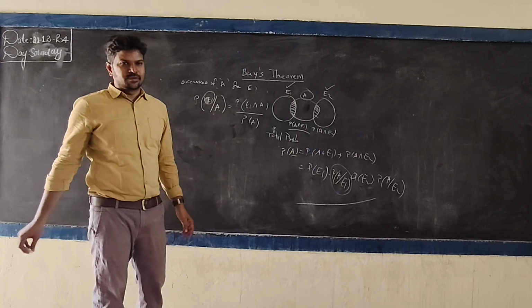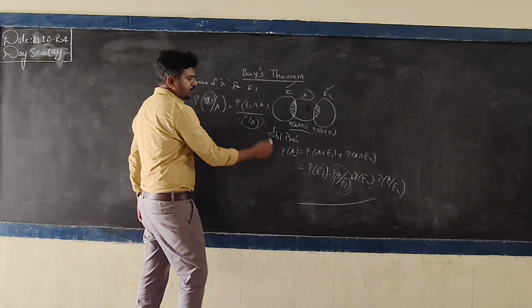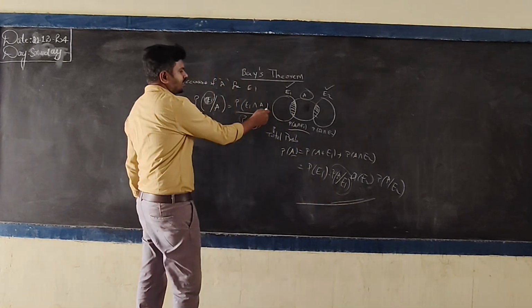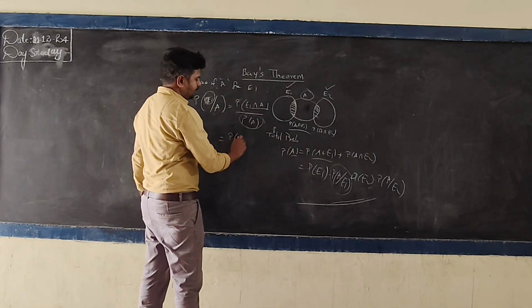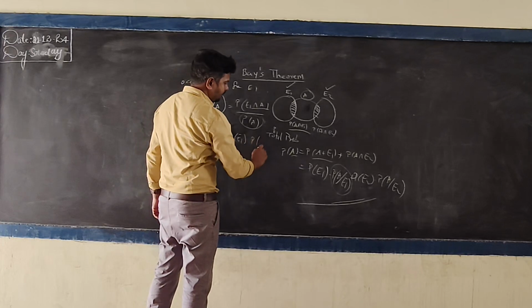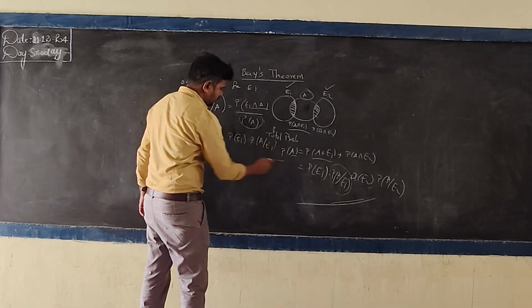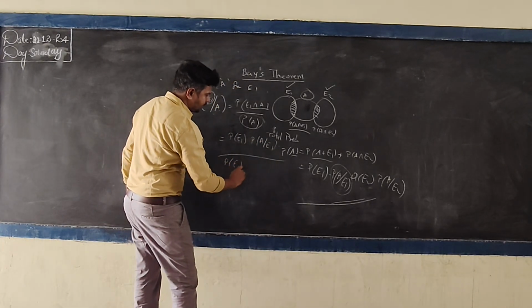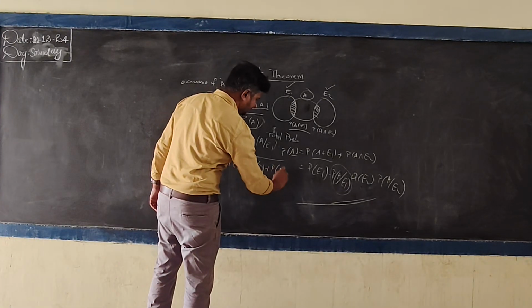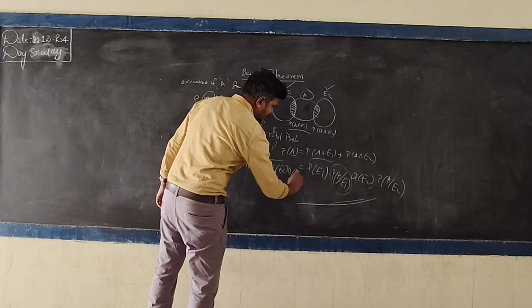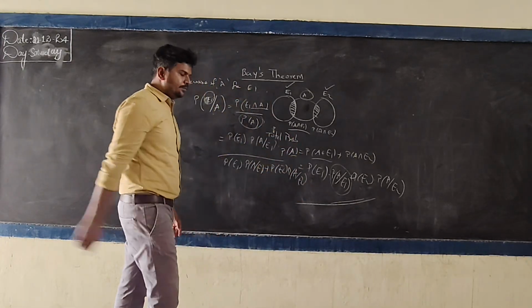So again this is conditional probability. For the total probability you apply this formula, and this is the conditional probability you have to take. So this is nothing but P(E1) times P(A given E1), divided by P(E1) times P(A given E1) plus P(E2) times P(A given E2).